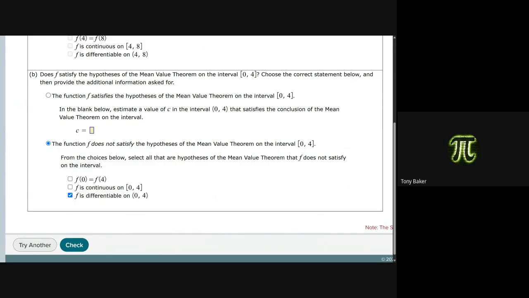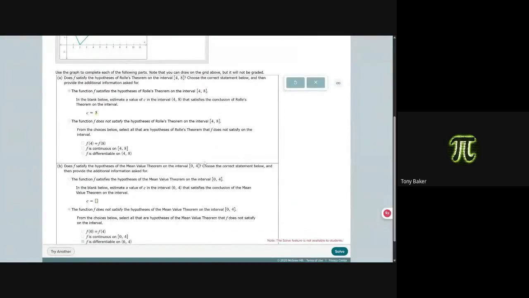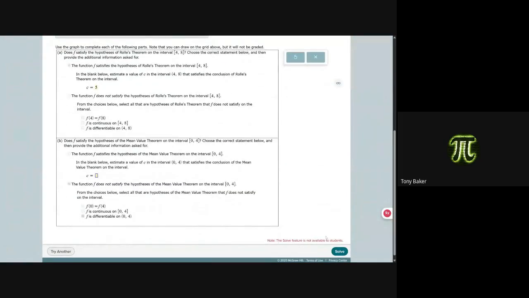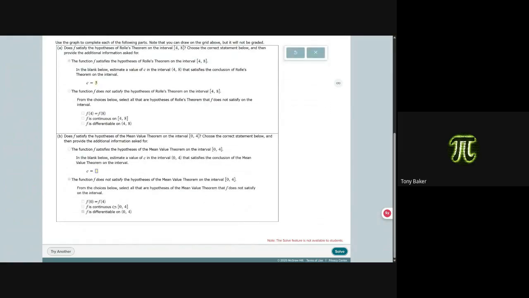Is that a criteria of the mean value theorem? No. So that answer should not be true. All right, so good news. You only have to put 1 of the answers there. And they didn't screw that piece up.